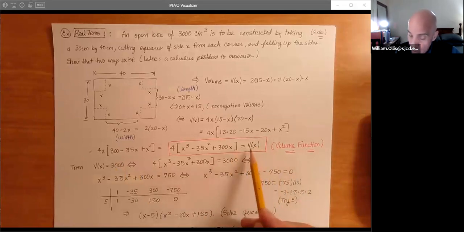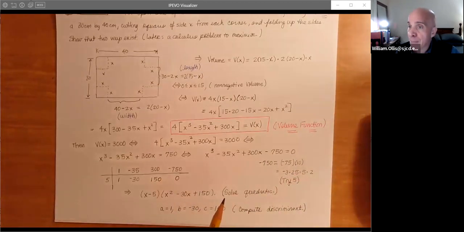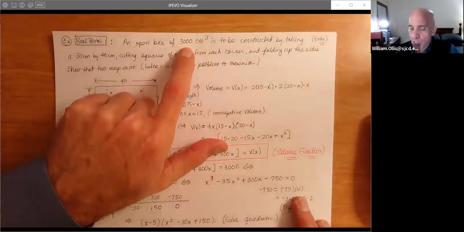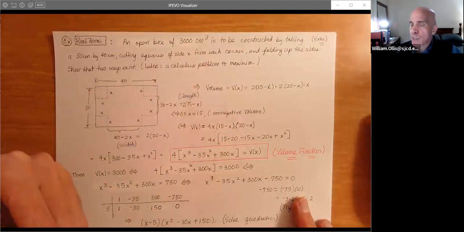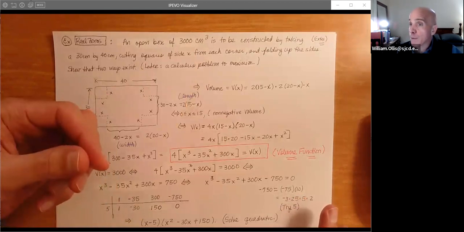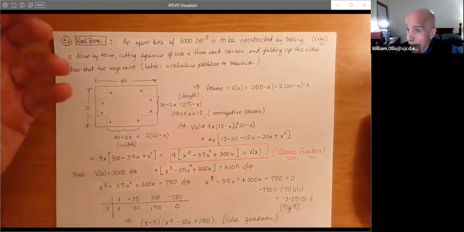Okay, reasonable. That's what I put a red box around and called that the volume function, V for volume, independent variable x. Now the idea is we want our box to have this volume. So what we're going to try to do is set the V equal to the 3,000 and then figure out if there are actual values of x that exist so that we get a box.